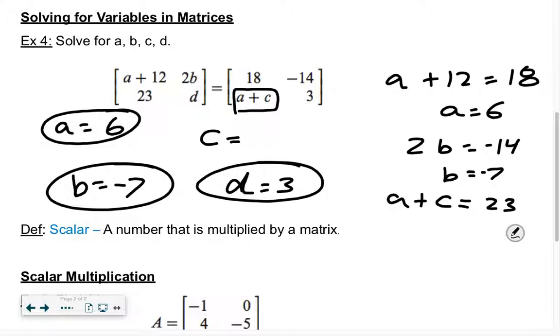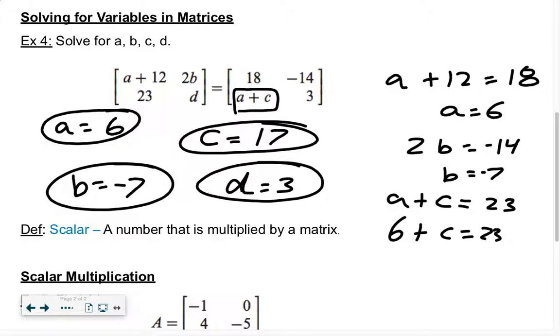Two variables in a single equation, we don't know how to solve for that. But the good news is we already found the value of A, correct? So let's go ahead and plug it in. 6 plus C is equal to 23. Subtract 6 to both sides. There it is. Okay with that idea?